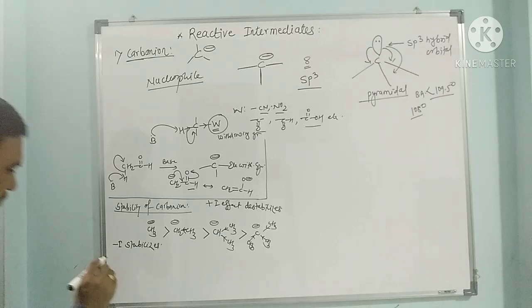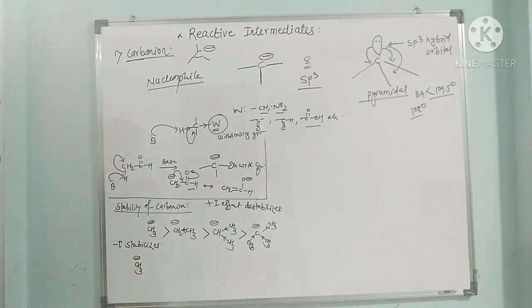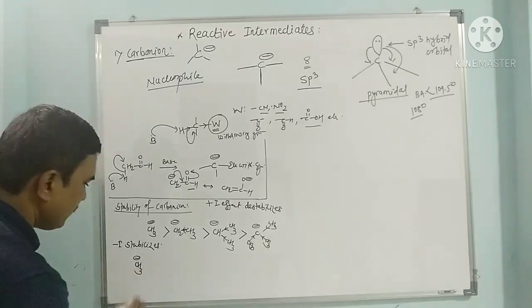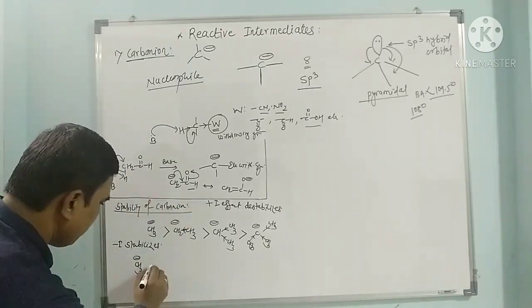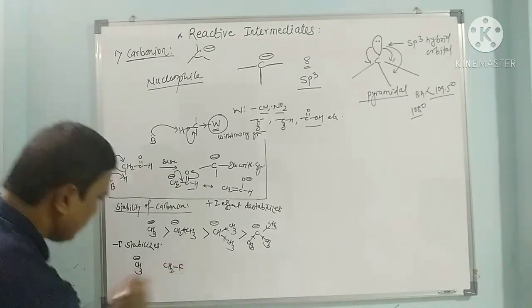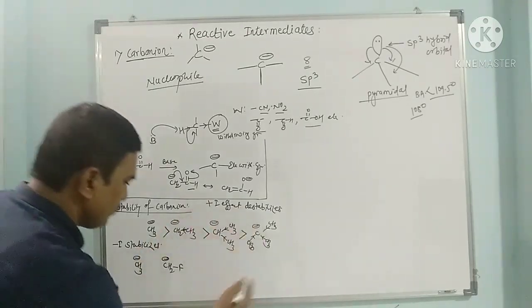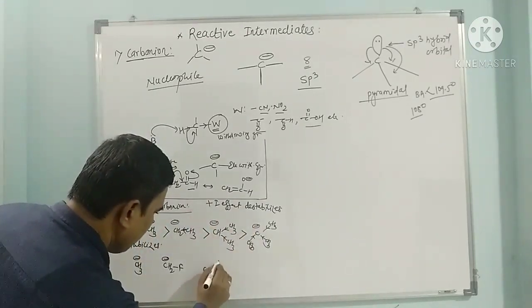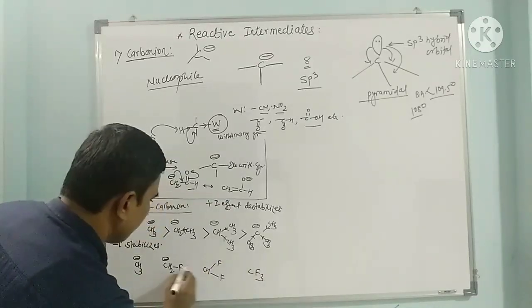For example, if I have CH3 minus, here we replace it with CH2F, electronegative fluorine. Again we replace it with two fluorines, CHF2, now CF3.